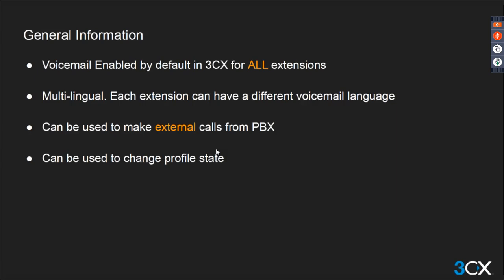But if you are living in a remote location where the Wi-Fi or internet connection is not great, or the 4G connection is not great, for example, this voicemail system can still come in quite handy, where you dial from your mobile phone to a voicemail box, and then from there you make an outgoing call.